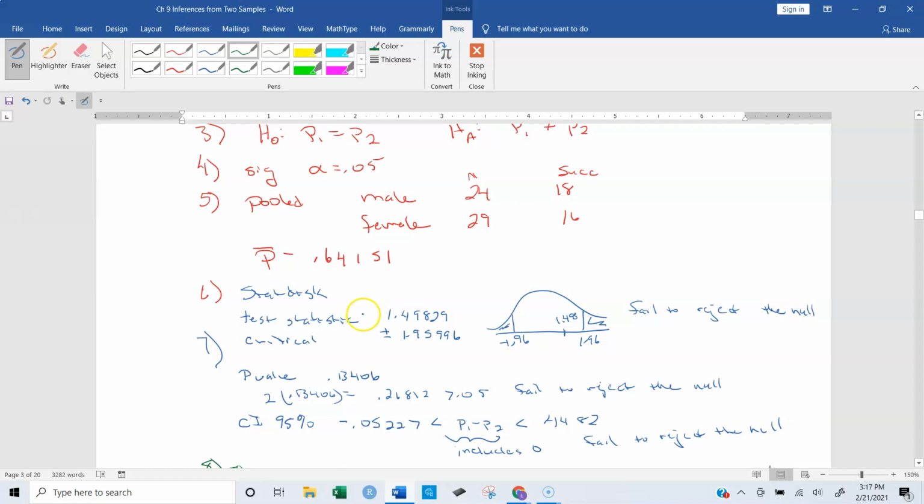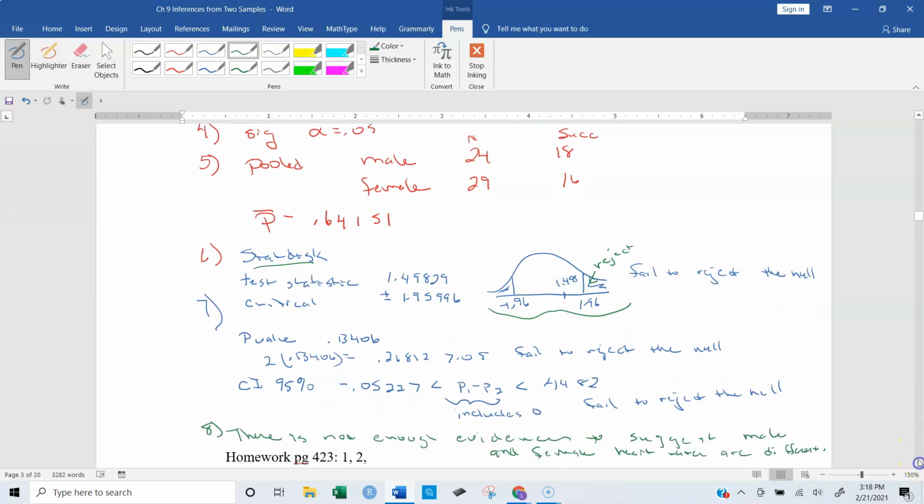Now using StatDisk, we typed all this in and we get a test statistic of 1.48 and plus or minus 1.96. This is representing our critical value. It's a two-tailed test. 1.48 does not fall in our rejection region because that's right here. Since it does not fall in the rejection region, we fail to reject the null.